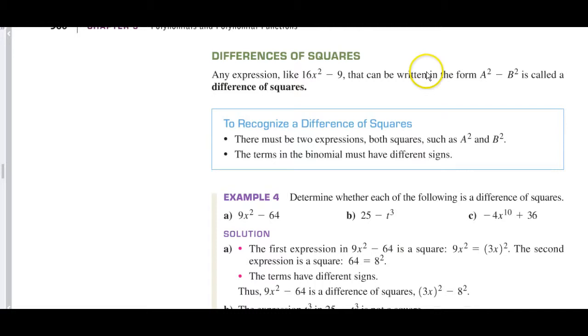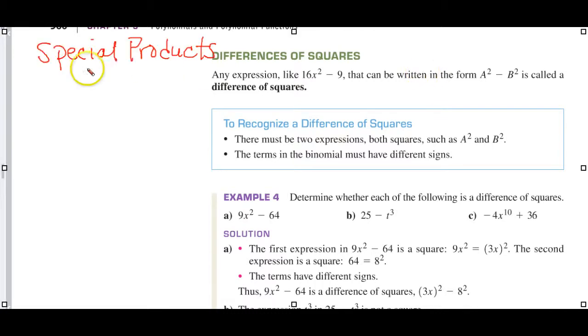Okay, going on to another, and by the way, these all were what are called special products. When you have special products, there is an easy way to undo it if you recognize it. So the special product we're looking at now is this, which is called the difference of perfect squares.